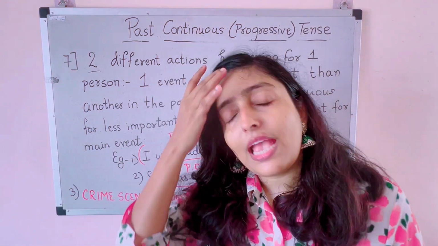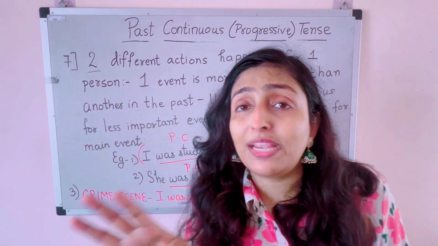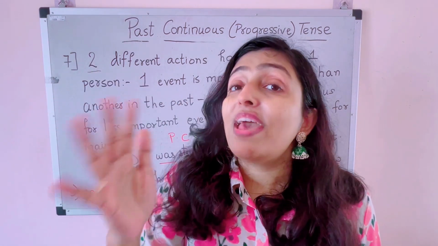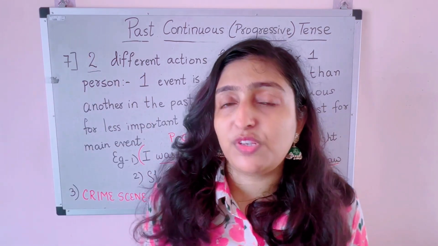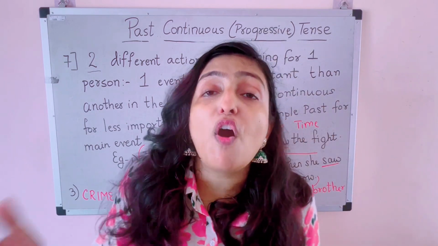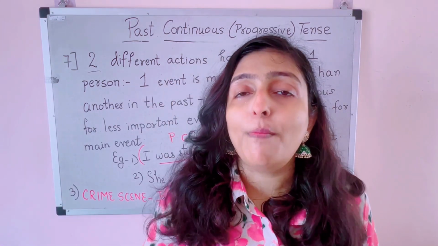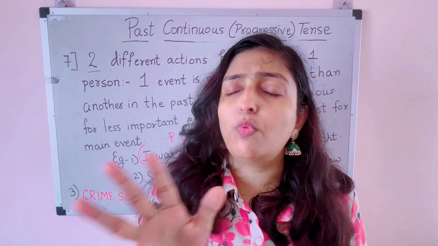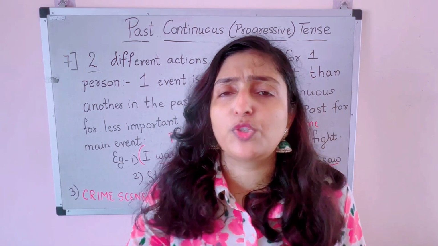So to understand this, I'll give you an example. Think about a situation in a building where a crime has happened and the cop has arrived. C-O-P, cop means police. The cop has arrived for investigation. And the cop comes to your home and he asks you, hey, when the crime happened, what were you doing? And what was your brother doing?